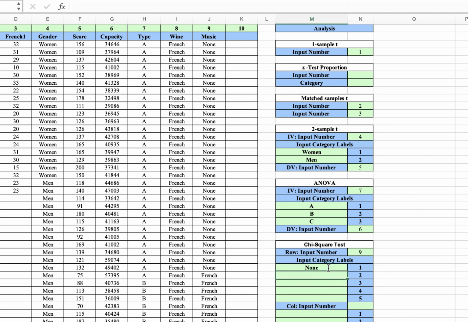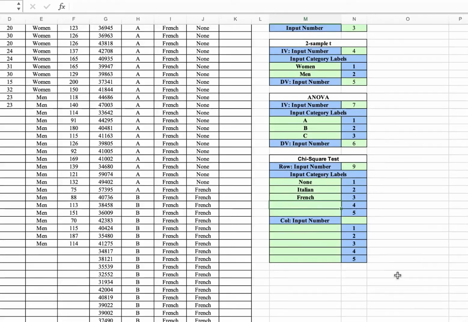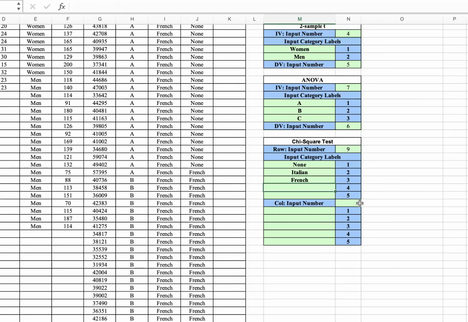So sometimes there was no music playing. That's a pretty good control. Sometimes there was Italian music playing, and sometimes there was French music playing. So we're testing these 3 categories, none, Italian, and French, against the wine that was selected.